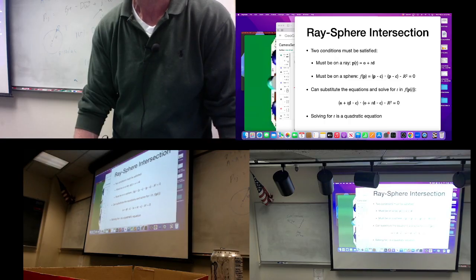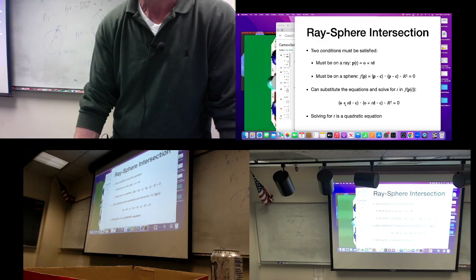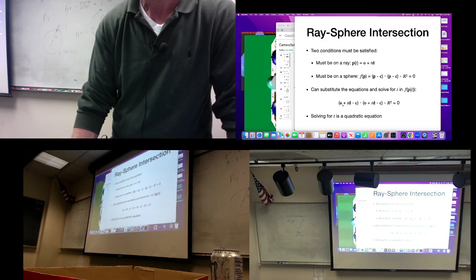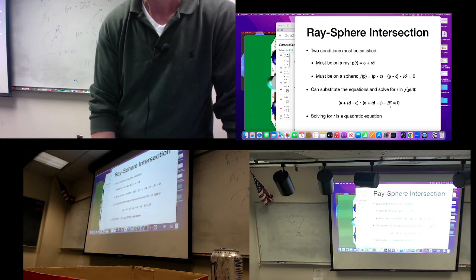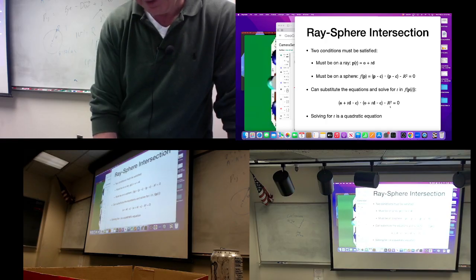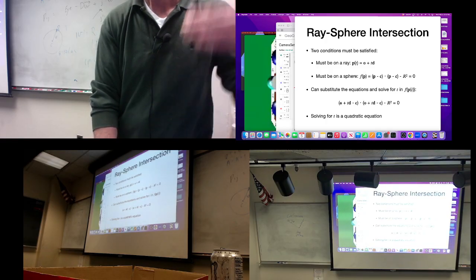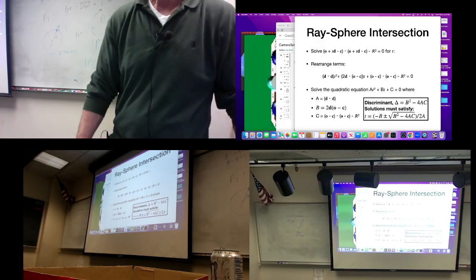For the time that I don't know yet, because I wanted to keep it as an equation of one parameter, one unknown: O plus t times d, which is the point P of t, minus C, dot product, minus r squared equals 0. When I find the right time that it happens, that's the time that the ray penetrates the sphere.